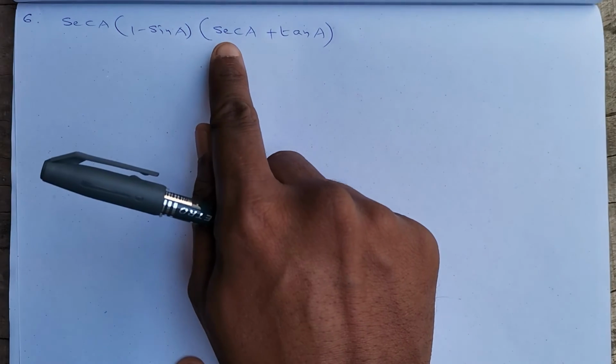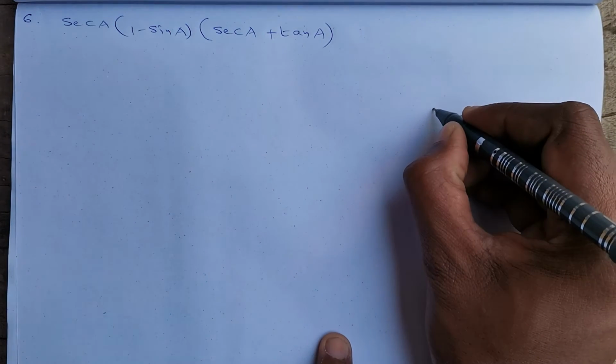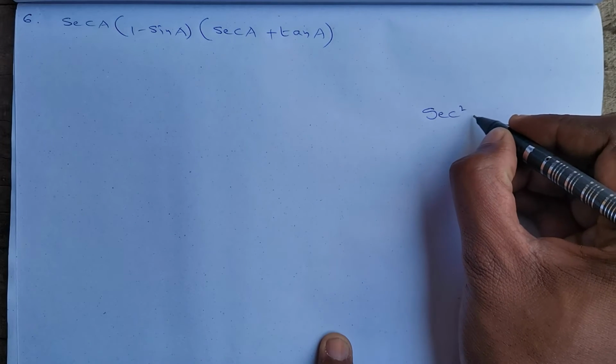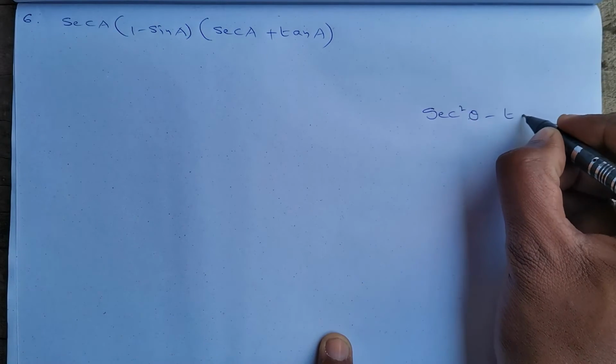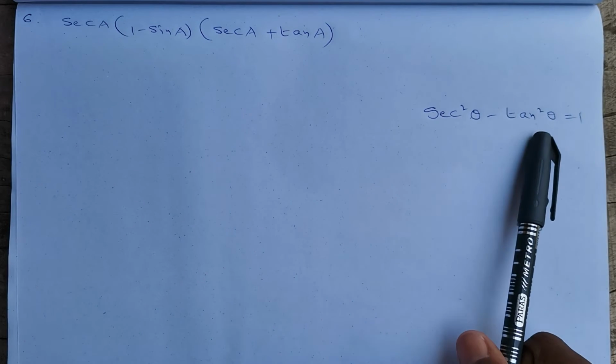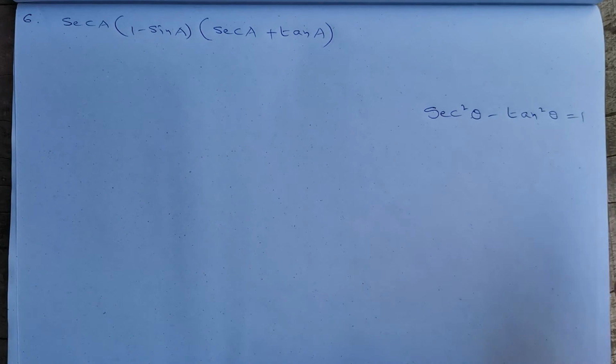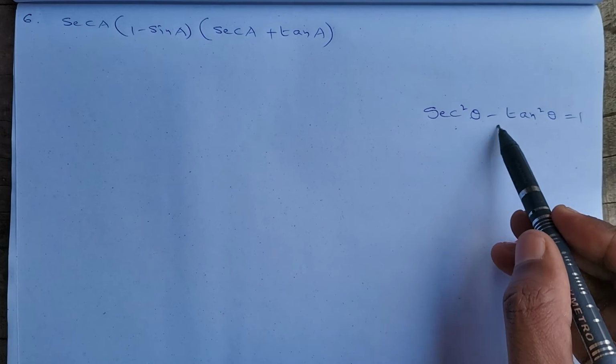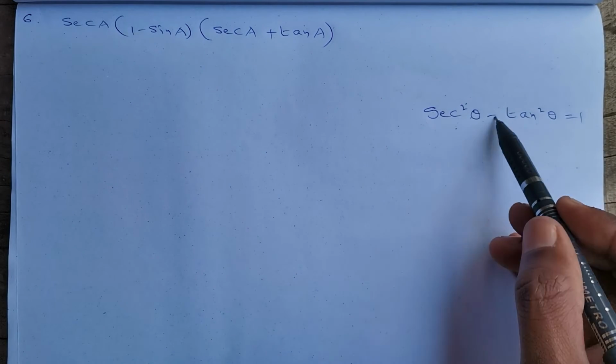Okay, next question. Secant A into 1 minus sin A into secant A plus tan A. If we observe this clearly, for secant A plus tan A we need to remember one identity, that is secant square theta minus tan square theta is equal to 1. Here secant square theta minus tan square theta is in the form of a square minus b square.